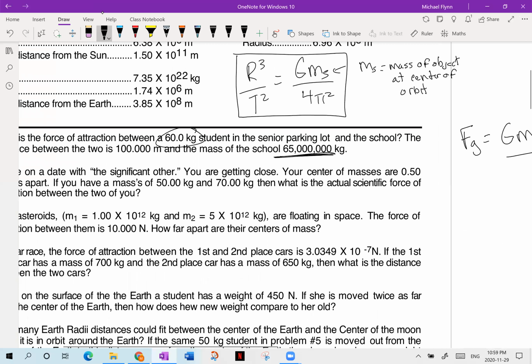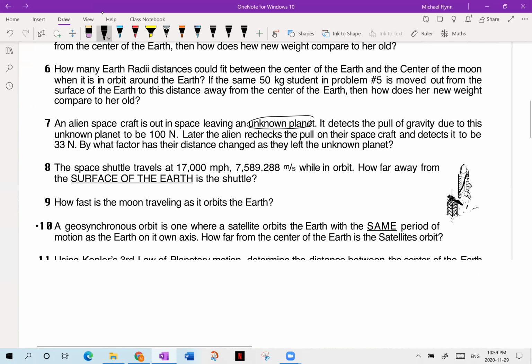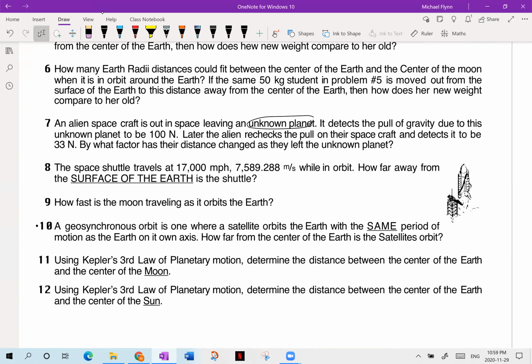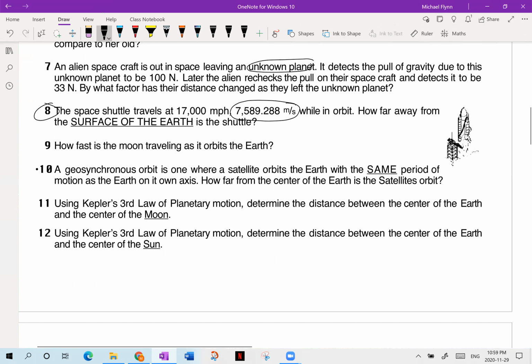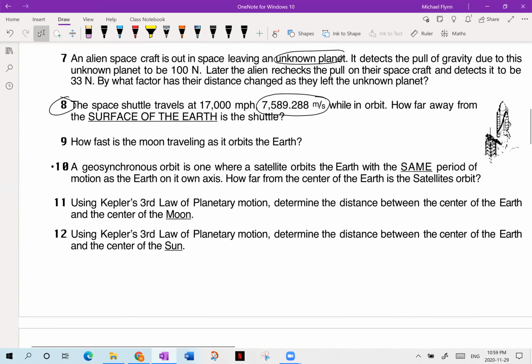So for example, question 8 says the space shuttle is traveling at this speed while in orbit. How far away is the surface of the Earth? No, that's not a good example of that. Okay, here's a good one, number 10.